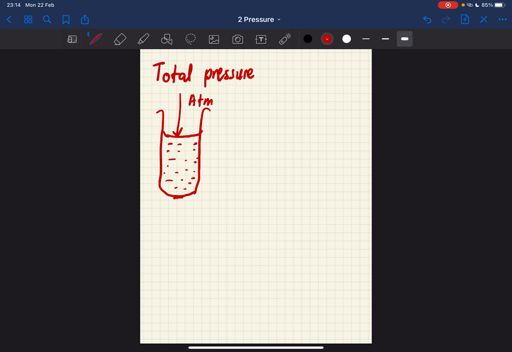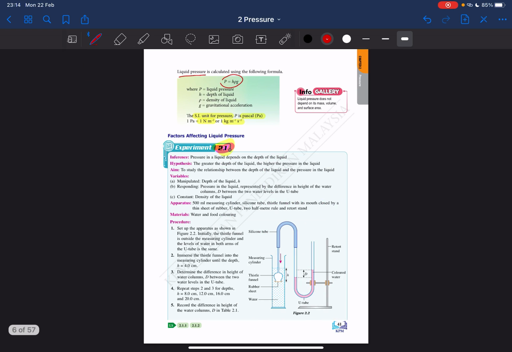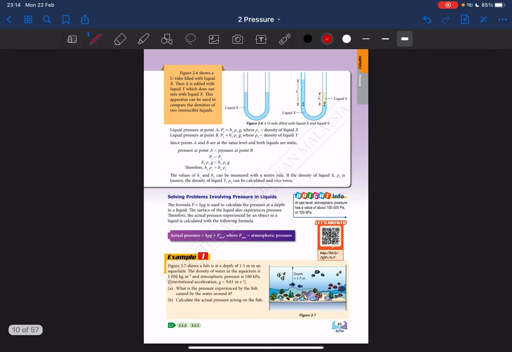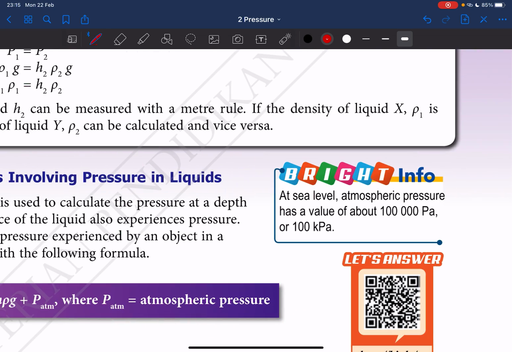To calculate the total pressure at point A, we have to add the pressure in liquid plus the pressure of the atmosphere. So what is the pressure of the atmosphere? Generally speaking, we know that the pressure of the atmosphere is about 100,000 Pascal or 100 kilopascal.